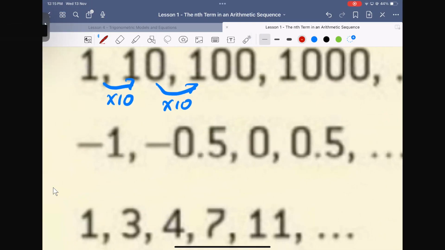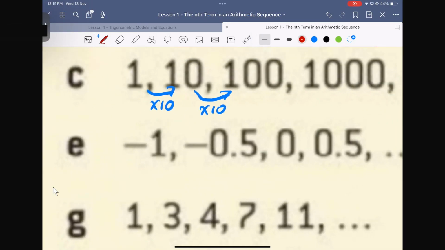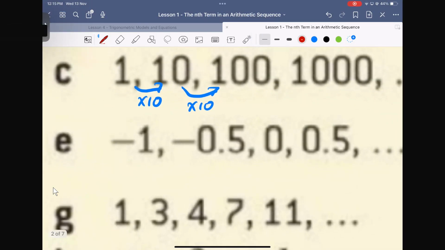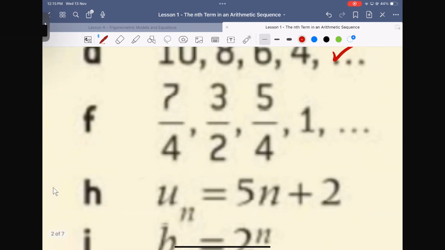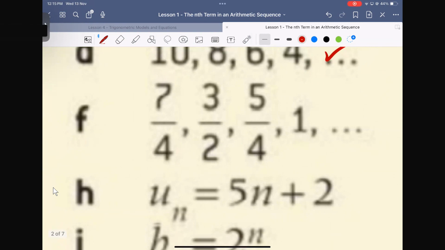How about here in E? We're adding 0.5. And F. Are we taking off a quarter each time?